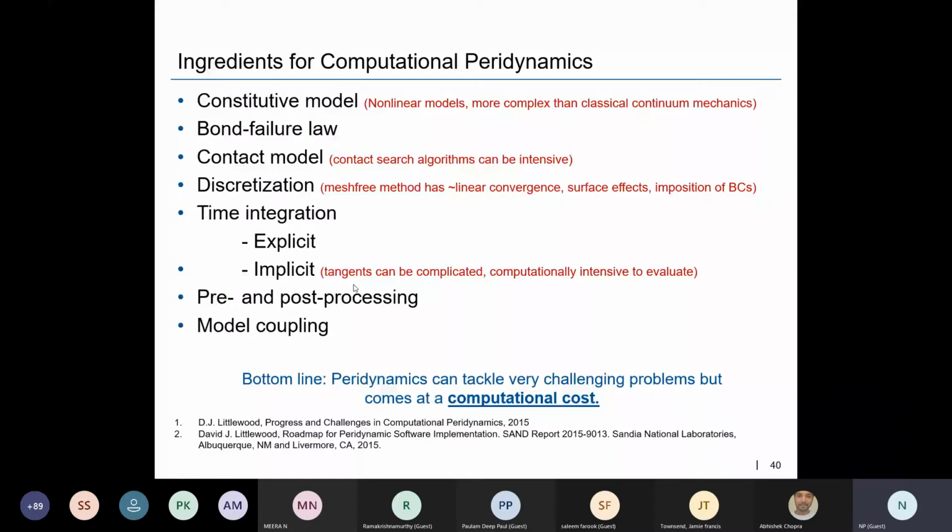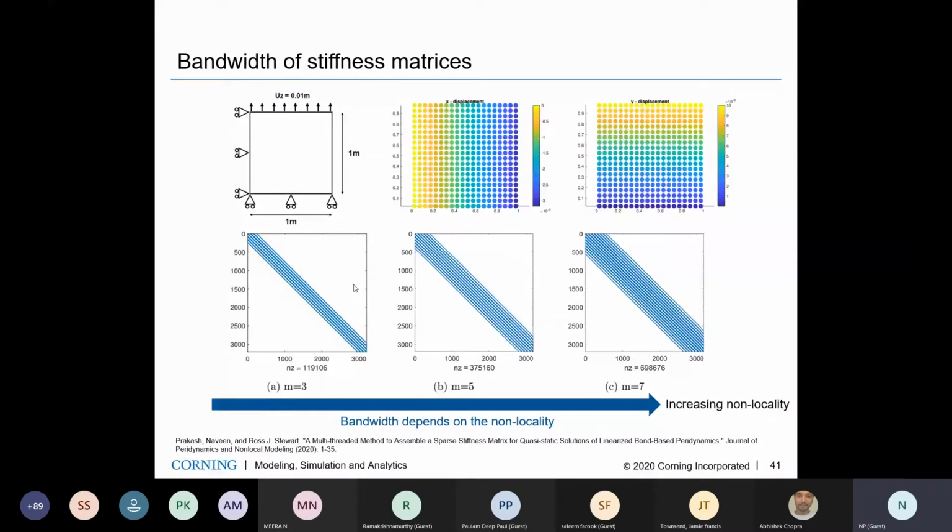I can give you an example of one of the things that I worked on. When you're talking about non-local methods, you're talking about a lot more interactions between material points or computational nodes than in a finite element or finite difference method.